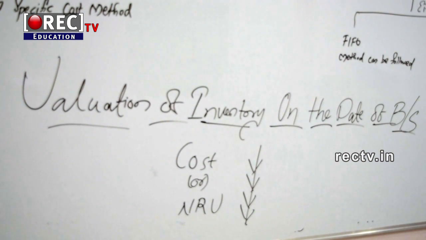Here we should follow, as per Accounting Standard 2, that the inventory should be valued at cost or NRV, whichever is lower. Here NRV refers to net realizable value, that is estimated selling price minus estimated cost to make a sale. That is the meaning of NRV.